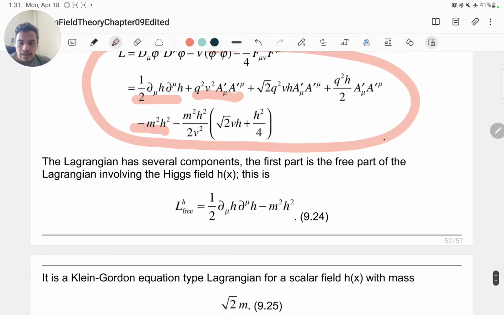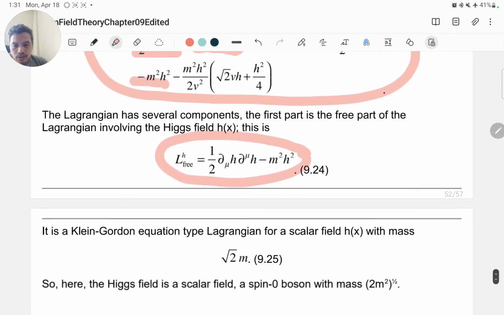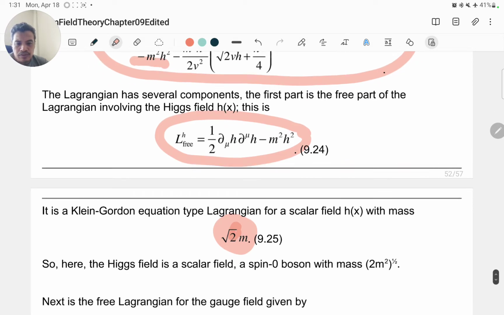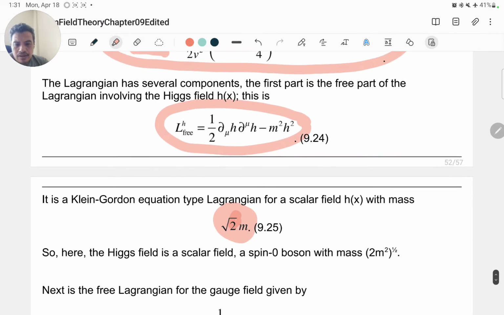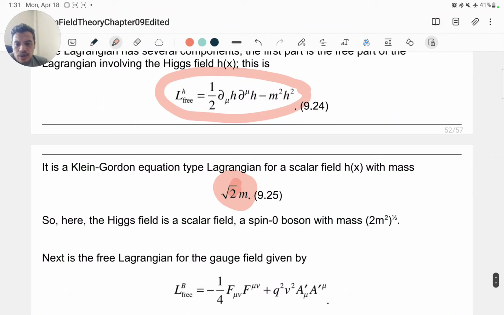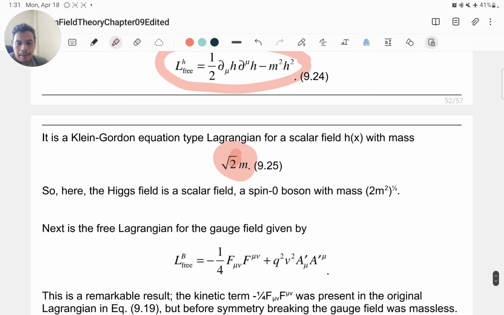You can see that the free Lagrangian of the Higgs looks like this, and so it has a mass, and then of course, accounting for the missing 1/2, the mass would be square root of 2 times m. So there you have the Higgs field as a scalar boson with spin 0, with square root of 2 times m mass.